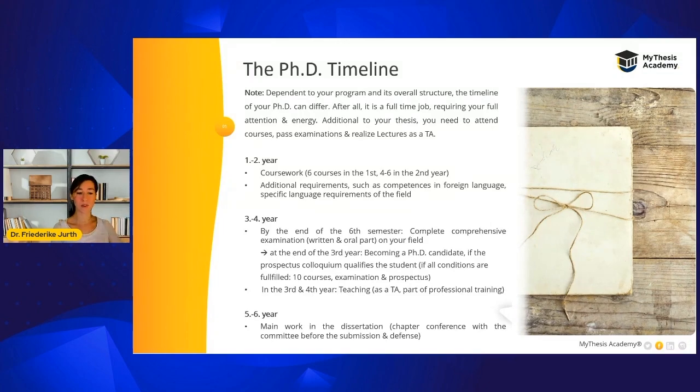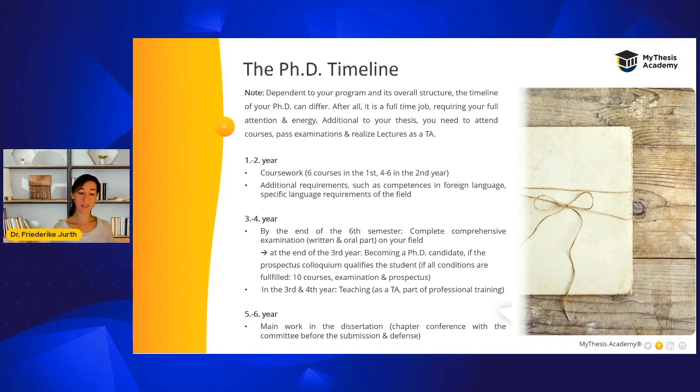So this is a kind of professional training. And then you have the main work on your dissertation. So you also have to complete a chapter conference or colloquia with the committee before the submission and the defense.